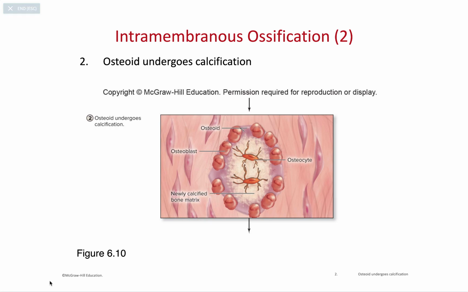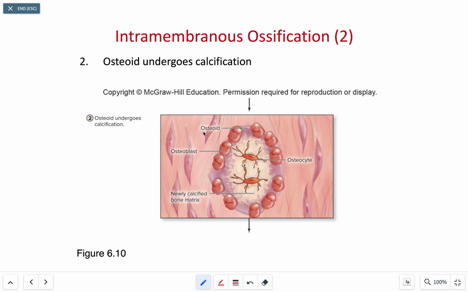In step 2, we see the main production of osteoid. So osteoid is produced by the osteoblast, and it's a matrix which contains nutrients for the osteoblast. And this osteoid formation will be then followed by calcification, and it's showing it here.